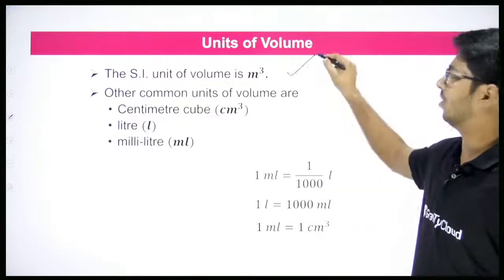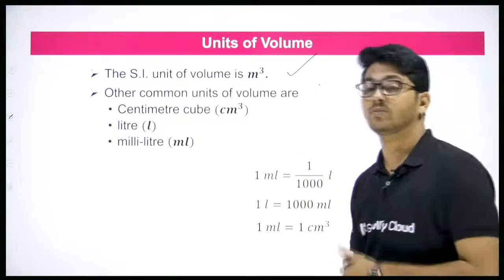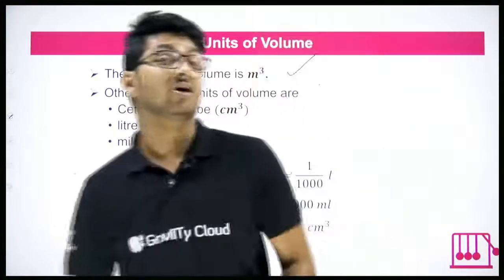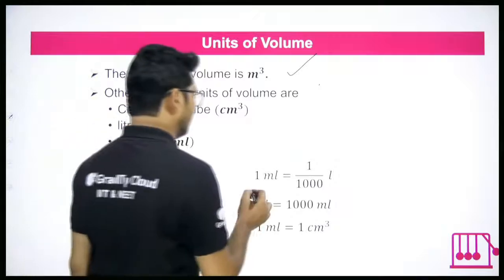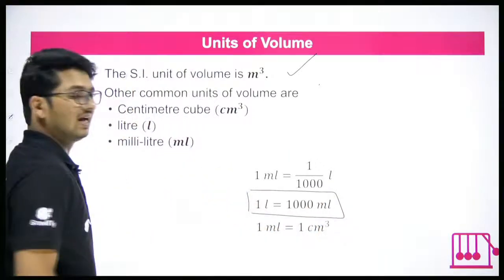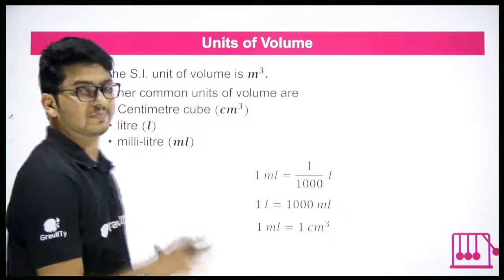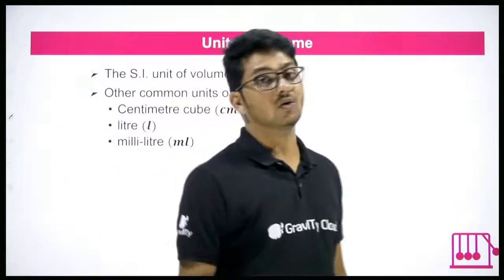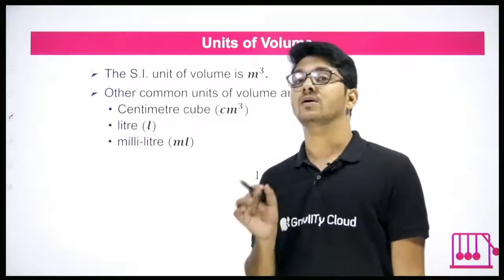The SI unit of volume is meter cube. Other units, you have centimeter cube, liter, and milliliter. 1 liter is 1000 milliliter, and 1 milliliter is 1 centimeter cube. So whatever is there on this page regarding the units, you have to remember that. Okay? Good.